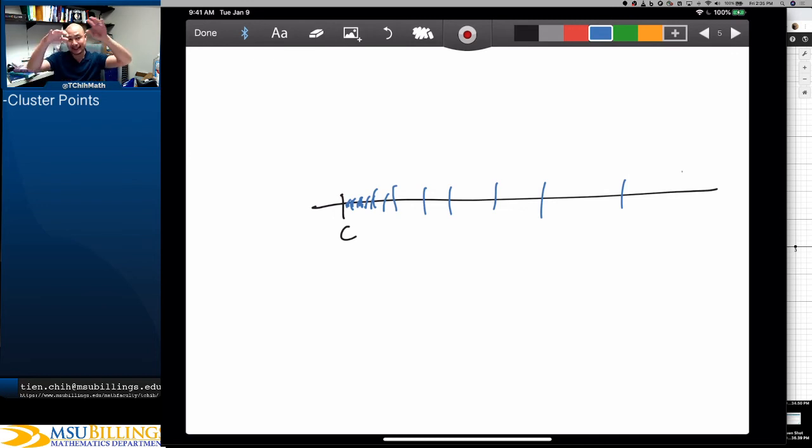Remember, we just want to take intersections around C and show that it's not empty. So as long as we can find anything, that's good enough. I don't need to know everything that's in there. So here are my xn's, they're all coming in.